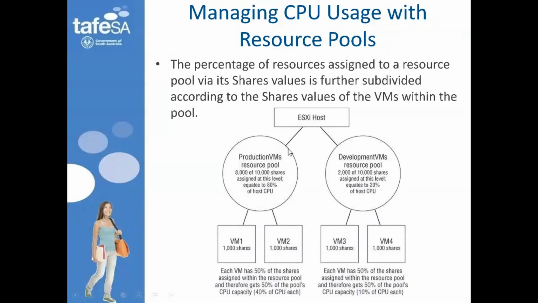They get 50% of the 80%, which is 40% each of the total CPU resources. And this pool gets 20%, and each VM has 1,000 shares as well. But these are 1,000 shares compared to each other, not to the other ones, because they're in different pools. So they get 50% of this pool, which is 50% of 20%, which is 10% of the actual total.